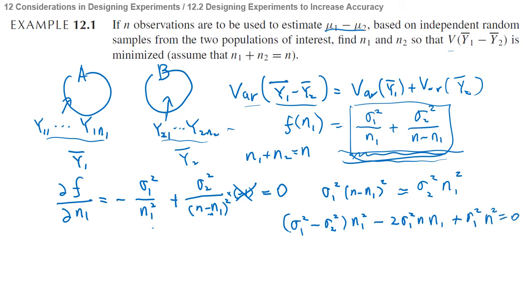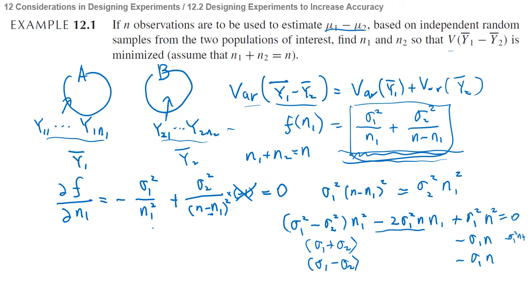From here, this part is sigma 1 plus sigma 2 times sigma 1 minus sigma 2, and for this part we separate sigma 1 n, and to make it a minus of this thing, we get minus sigma 1 squared n plus sigma 2 sigma 1.